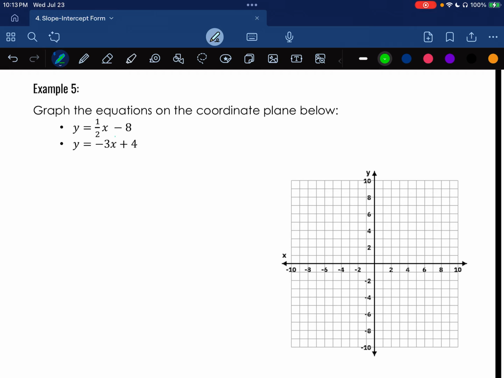And what this is going to do is I call it the anchor. It anchors our line because there's an infinite number of lines that have the same slope as yours.